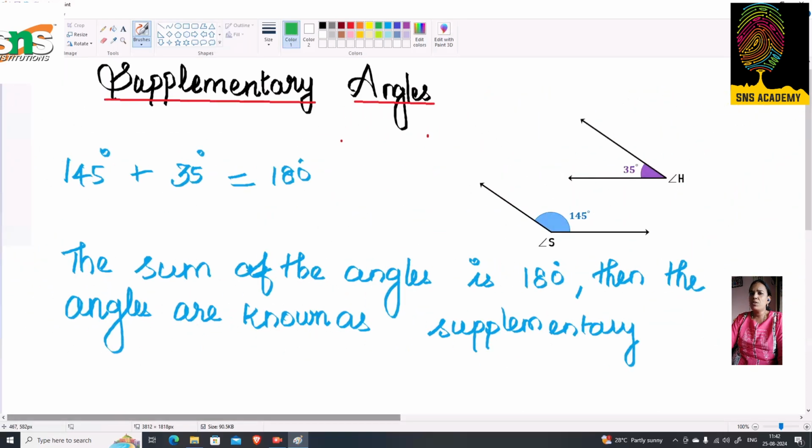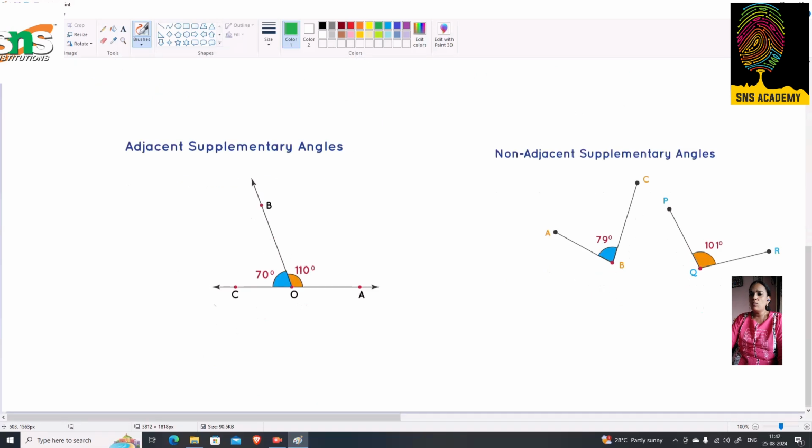Like complementary angles, here also there are two more types: adjacent supplementary angles and non-adjacent supplementary angles. Same thing here, which is the adjacent arm for both angles? Yes, you are right, OB. So here the first angle is COB and the second angle is AOB.